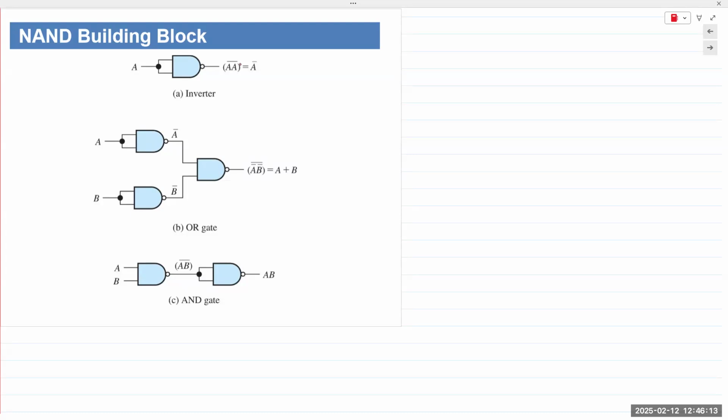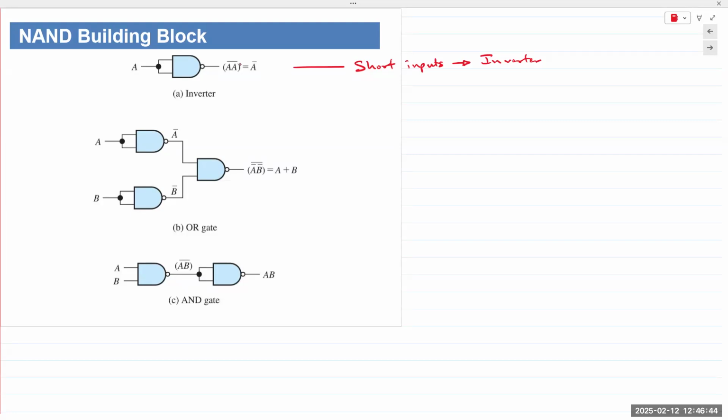If you short the two inputs of a NAND gate, then the output is an inverter or a NOT gate. That's it. As easy. It can be implemented with like 2 transistors connected back to back.